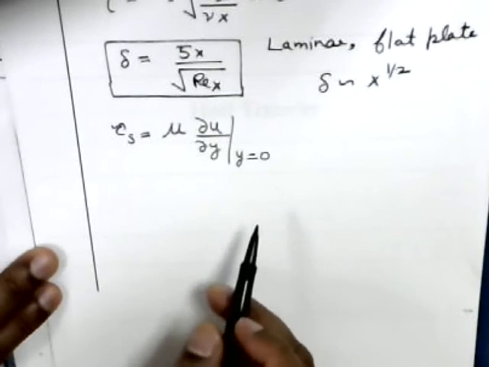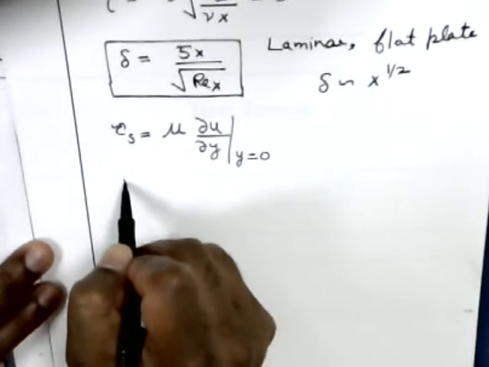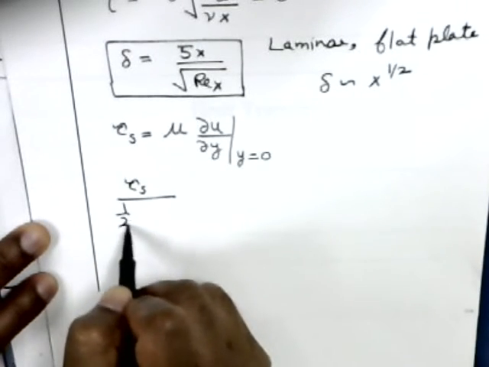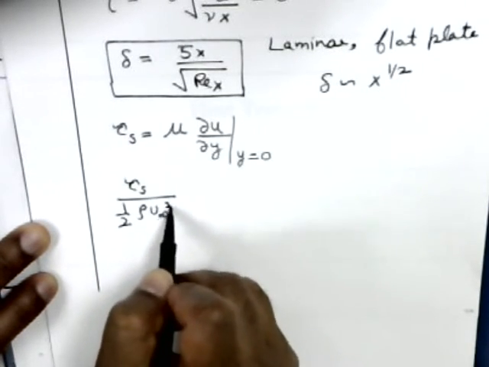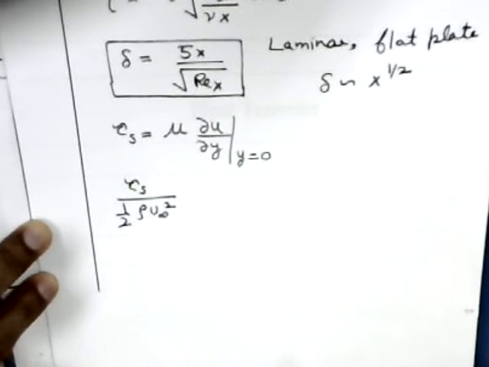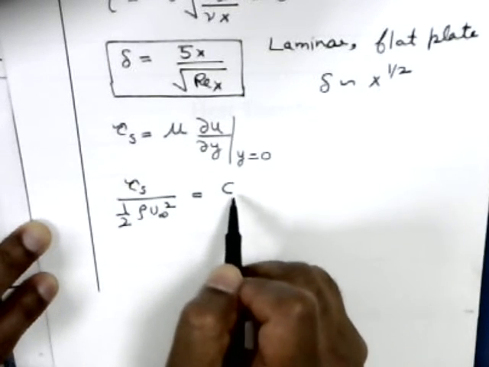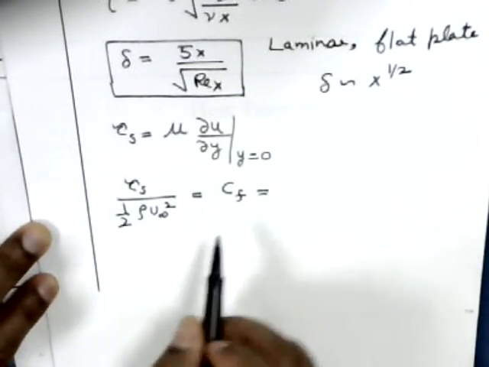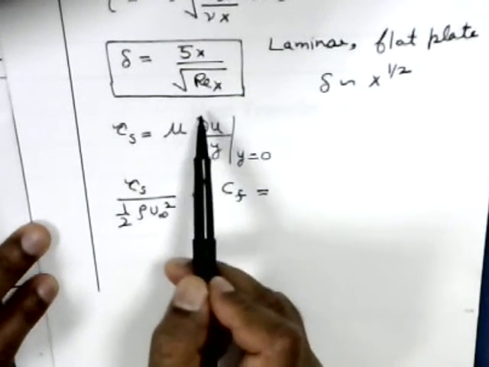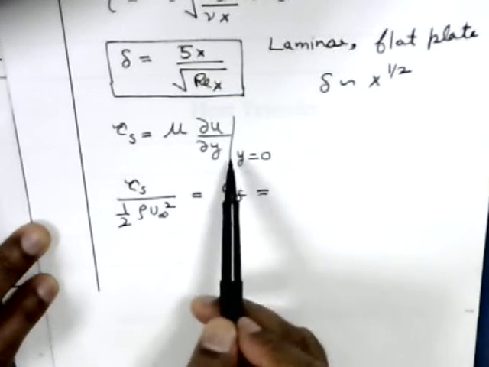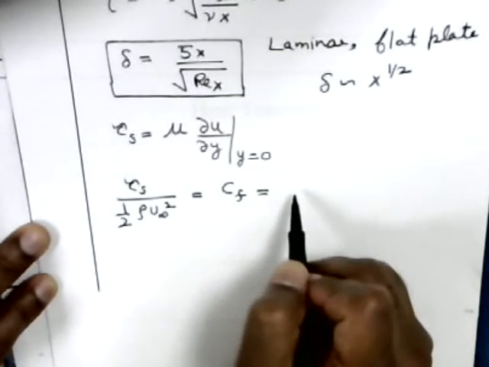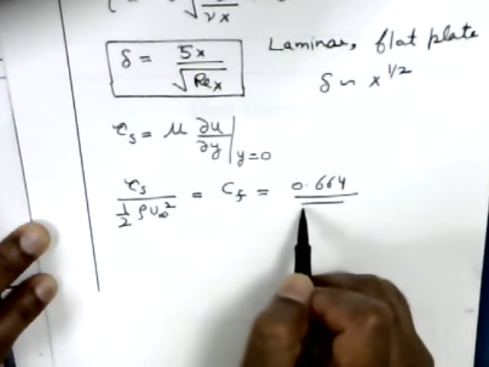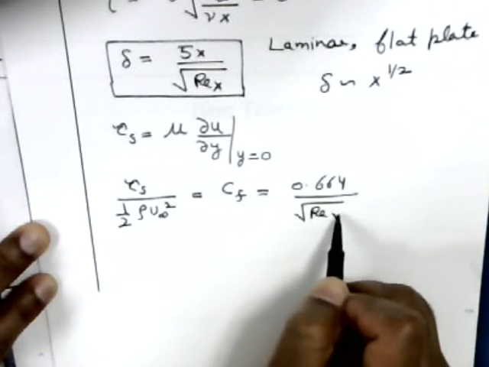Instead of tau s, I'm writing the expression you get by dividing tau s by half rho u infinity squared, which is actually the local friction coefficient Cf based on Blasius solution, because you already have this available, so you just have to substitute that. It turns out to be 0.664 over square root of Reynolds number x.